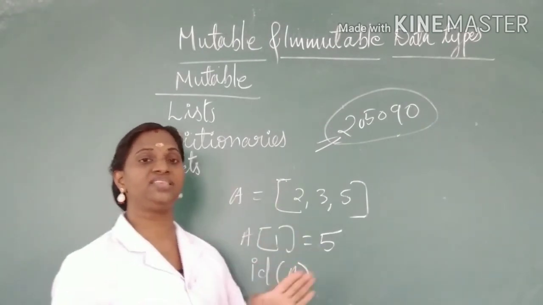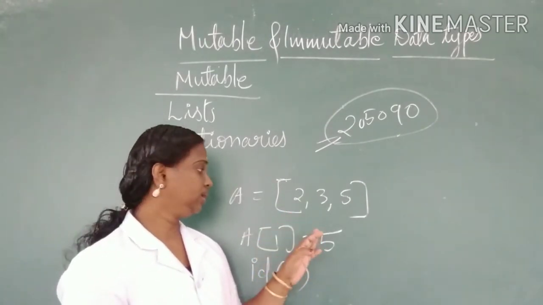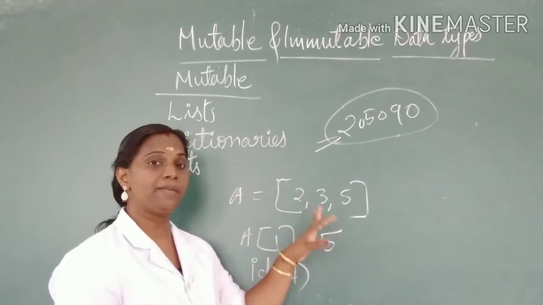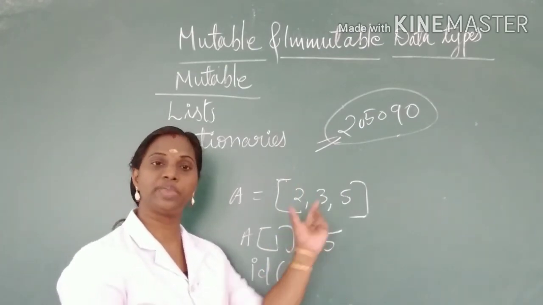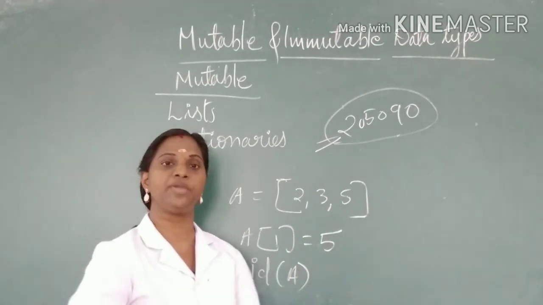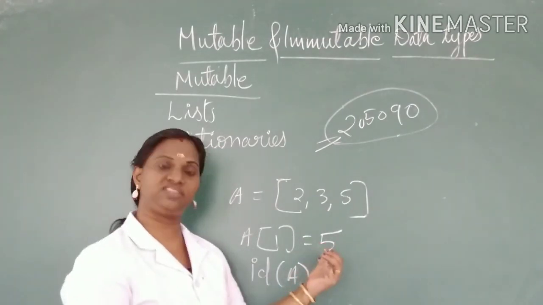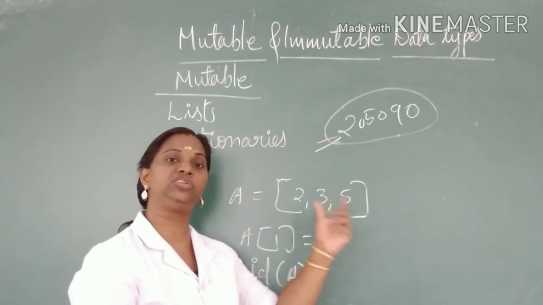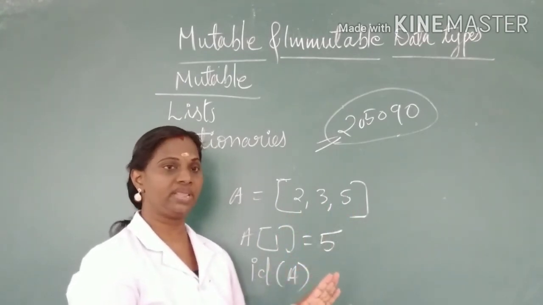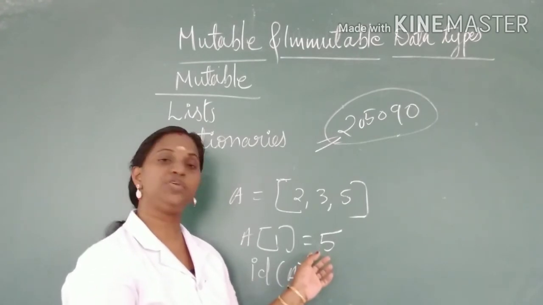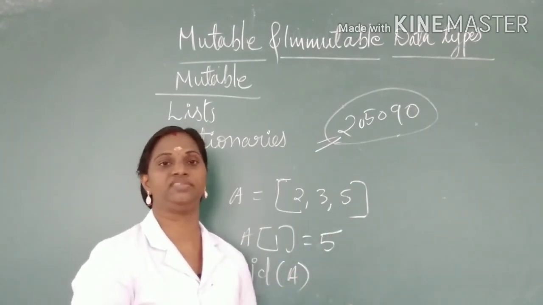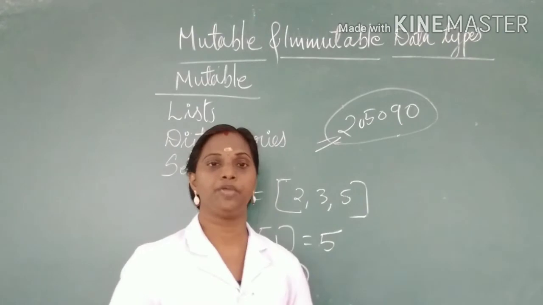That means changes are made in place. That is its meaning. It does not point to any other memory location. In immutable data types, when you make these changes, the variable points to some other location. But here, the variable is still pointing to the same location and the value is changed in place. This one is called a mutable data type.